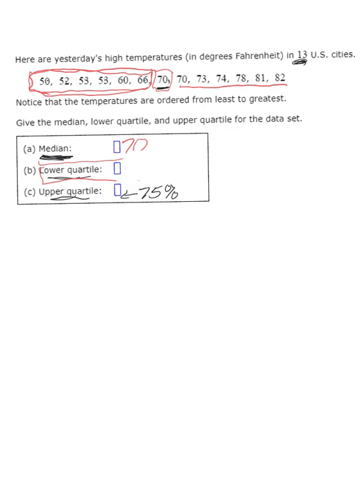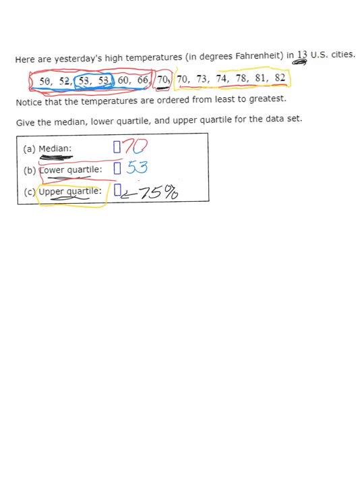So there are 6 values here, so I'm going to 1, 2, 3, I'm going to 3 and 4 and find the average of these numbers right here. So the average of those numbers right there would be 53. 53 is my lower quartile.